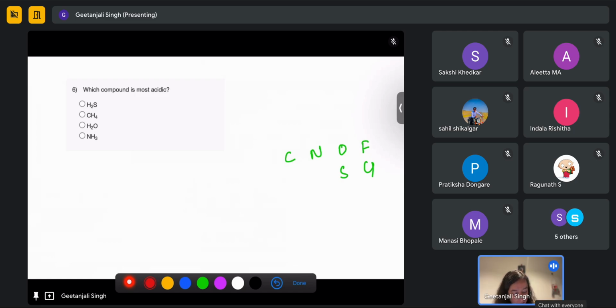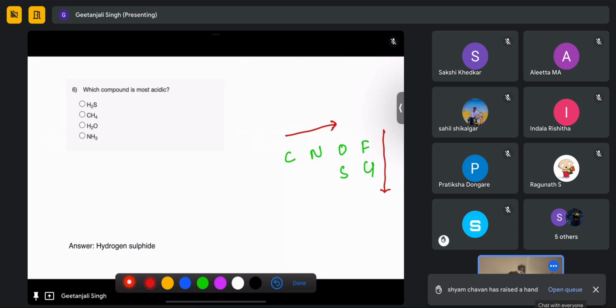So as you move along the periodic table, the acidity of the compound decreases and then increases, sorry. As you move from left to right, it increases, and as you move from top to bottom, it increases as well. You can see.